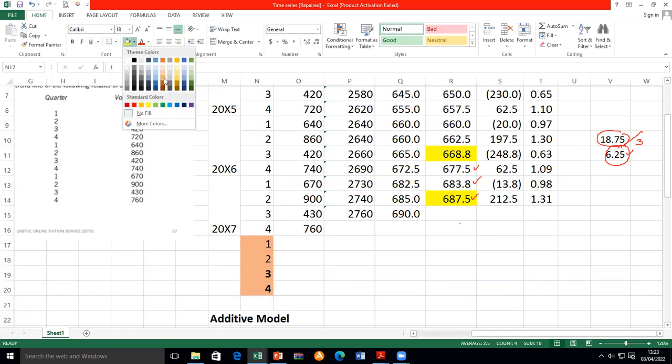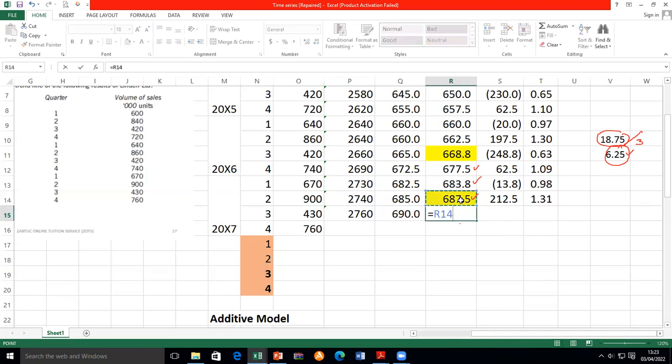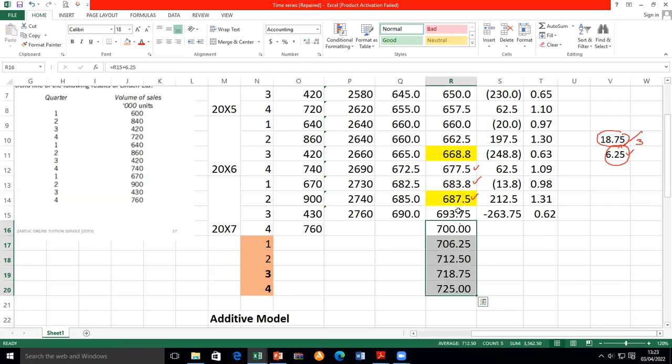I want to find the trend here. So I'll be adding 6.25. This is really mathematical. Plus 6.25. So I'll keep on adding up to there. The figures I want are these here. These are the trend figures. Let me pause there. Have you seen how I've estimated the trend for 20x8?